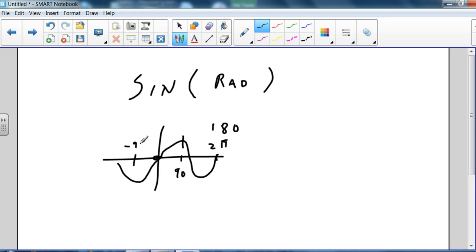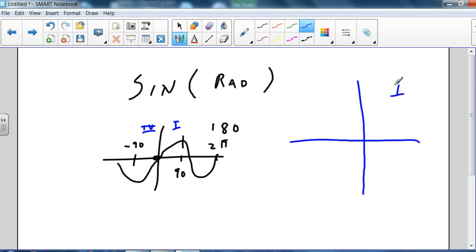It's only going to give you the right answer in the first quadrant and in the fourth quadrant. All other quadrants you won't get the right answer. So if you remember that in the first quadrant, the angle is the reference angle. So whatever the angle is in the first quadrant is the reference angle.